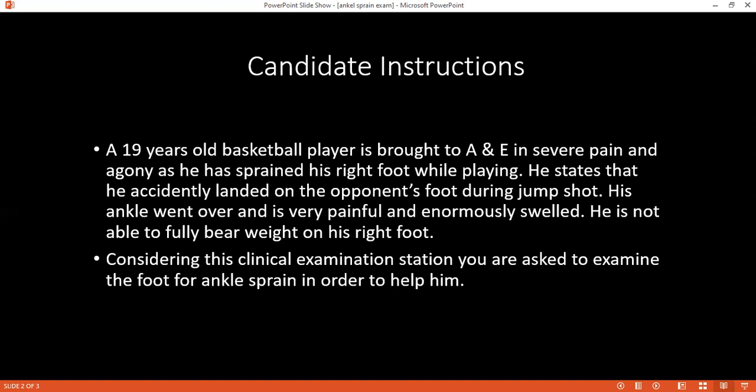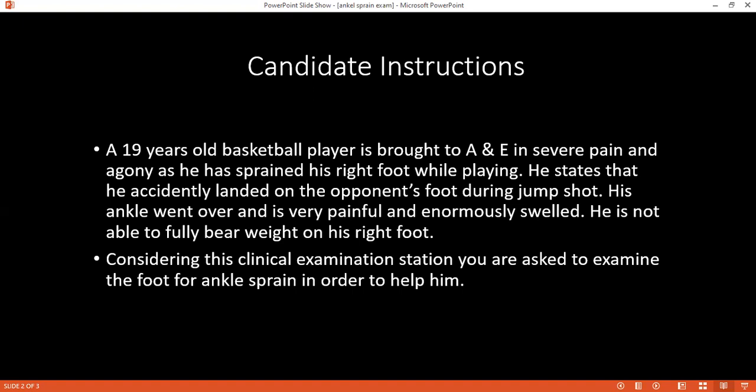Today I examined a 19-year-old gentleman who presented with a sports injury to his right foot and ankle. On examination, the patient is having an antalgic gait, and there is swelling of his ankle, mainly on the lateral aspect. And there is no local rise of temperature.